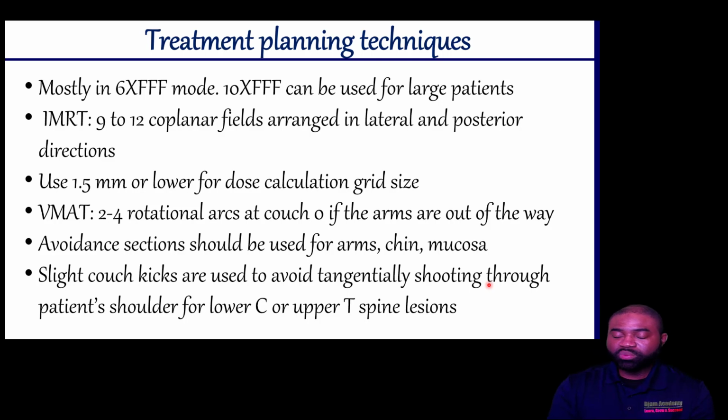For VMAT, typically we use about 2 to 4 arcs at a couch angle. I love to use a couch 0 to prevent collisions, but sometimes, depending on where we are treating, if we are treating maybe C4 down to T5, then we will run into problems if we use a coplanar arc, because the beams will go through the shoulders.